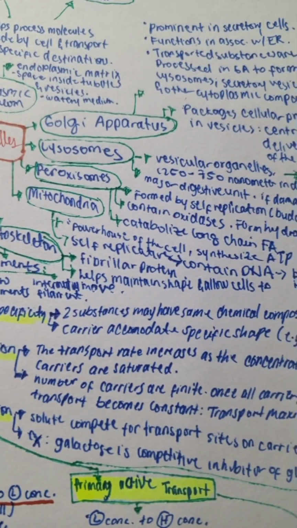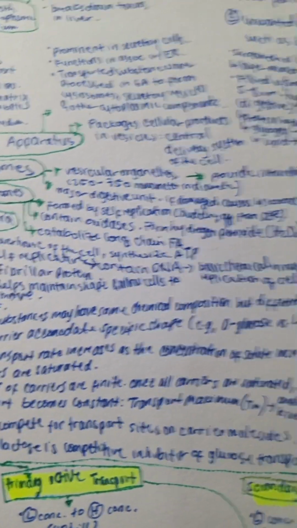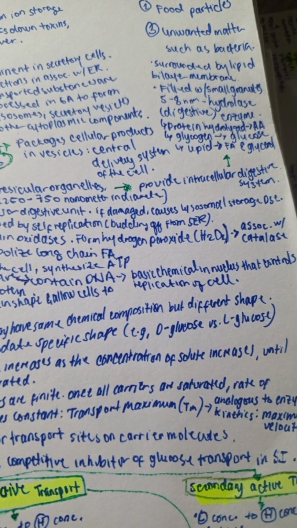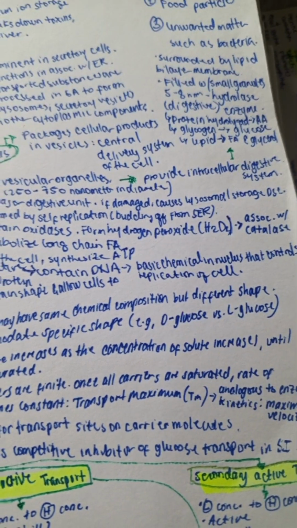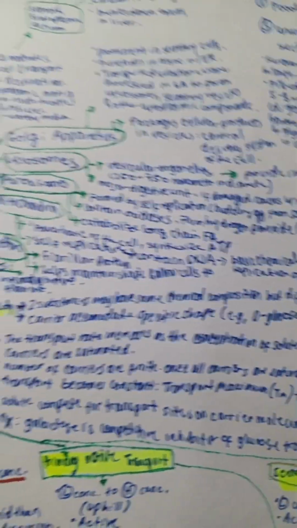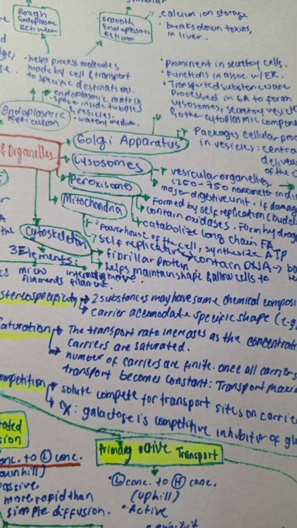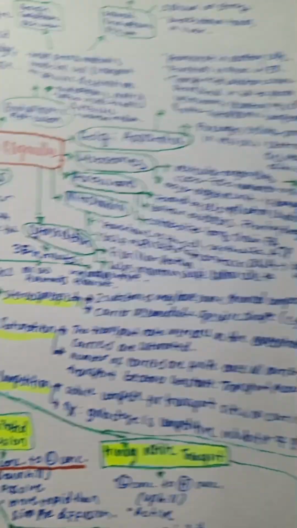Stereospecificity: there may be two substances that have the same chemical composition but different shape, such as D-glucose versus L-glucose. The carrier accommodates a specific shape.